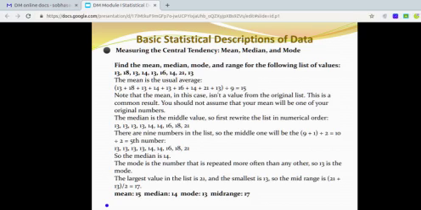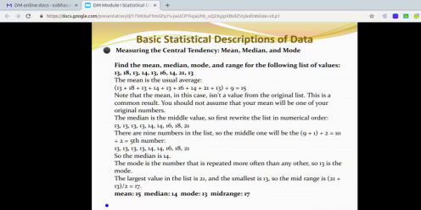So we start from basic statistical descriptions of data, from center tendency representation. So measuring center tendency, we always deal with mean, median, mode, mid-range, etc. These are some terms that we normally study in lower classes.